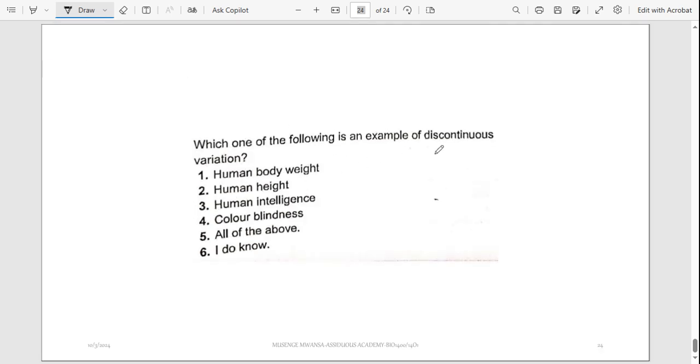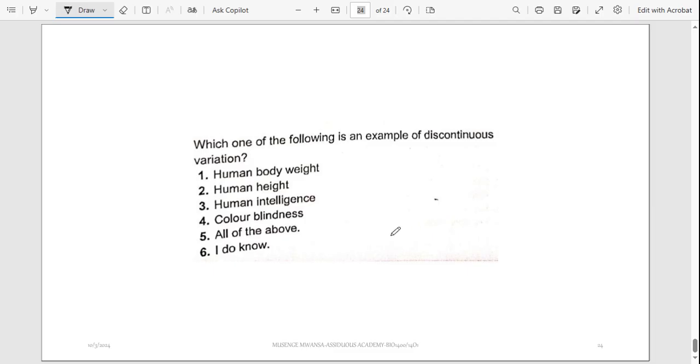Which of the following is an example of a discontinuous variation? I should have mentioned continuous and discontinuous variation, so let me talk about them a bit. When you're talking about continuous and discontinuous variation, these are basically traits that you inherit, that you can get from your parents.